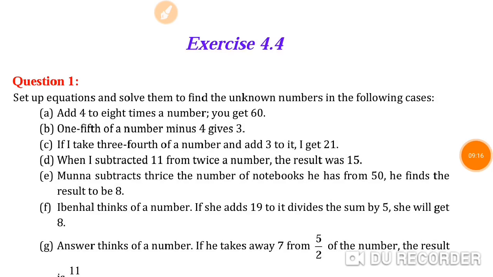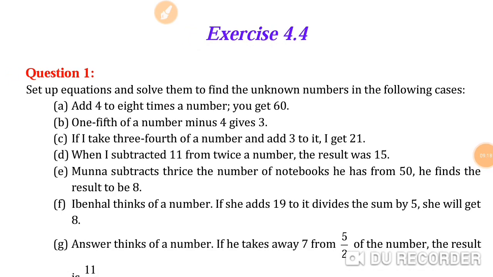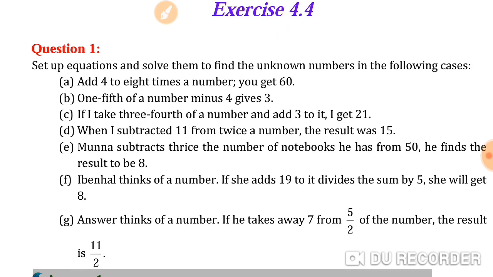So exercise 4.4. Here there is framing equations and solving. It says: set up equations and solve them to find the unknown numbers in the following cases. See, unknown numbers we will usually denote by letters, alphabets A to Z. You may choose any letter here, not only x, not only y, not only a, b, c, d. But the equation should be true to whatever is given in the statement.